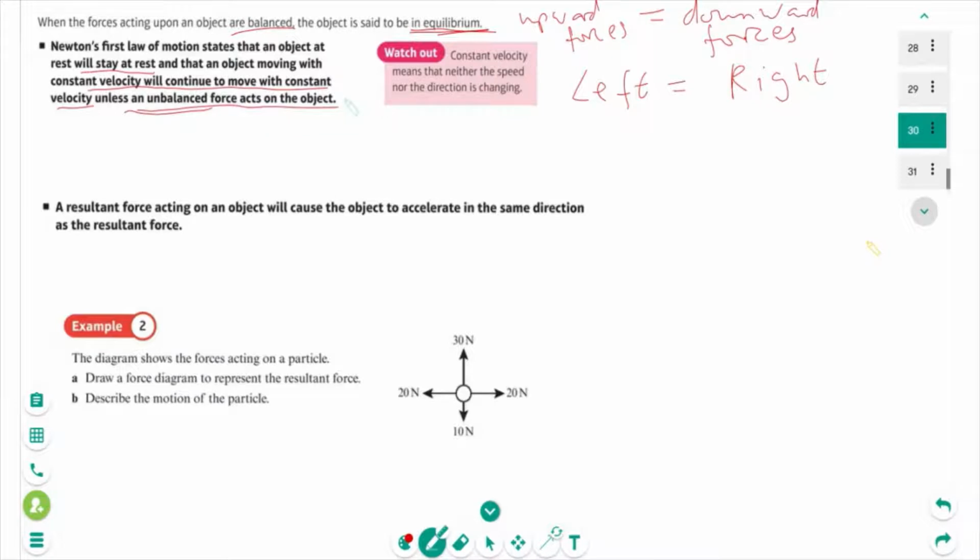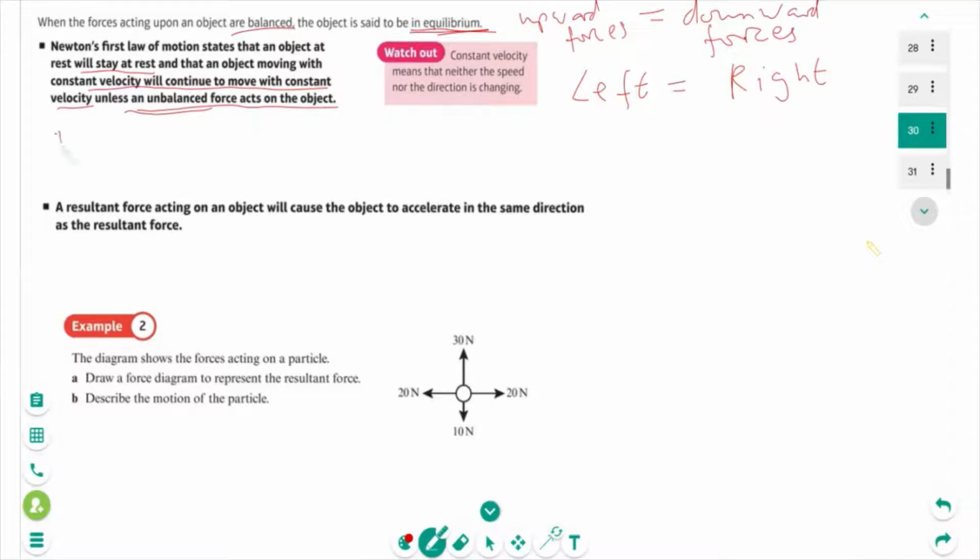So in other words, only a force can produce a change in velocity.